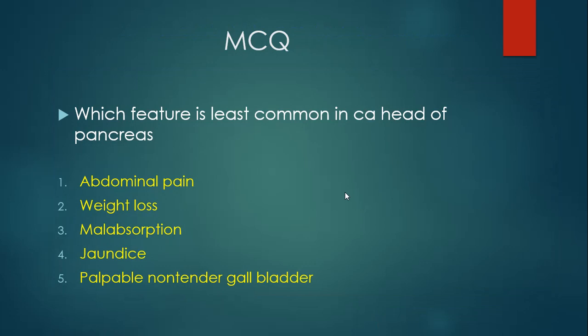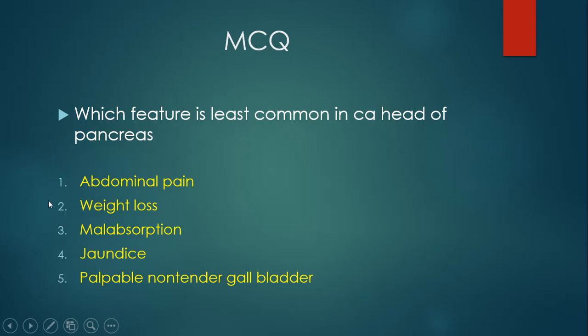Lastly, I would like to present to you a multiple choice question so that you may answer it. The question is, which clinical feature is found least commonly in carcinoma head of pancreas?